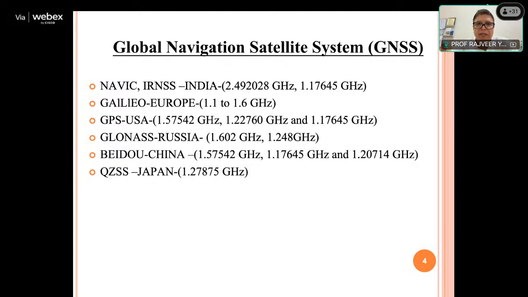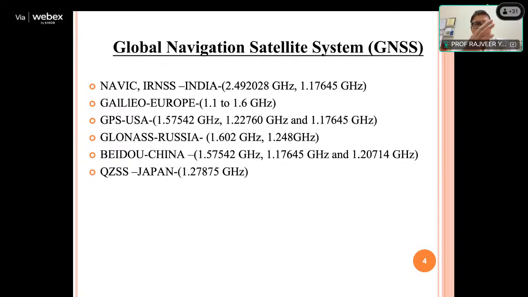The frequency of operation of this NavIC or IRNSS is 2.49 GHz, plus the already available L5 band, which almost all countries are using, 1176.45 MHz. Europe also has its own GNSS system, which is at 1.1 to 1.6 GHz.